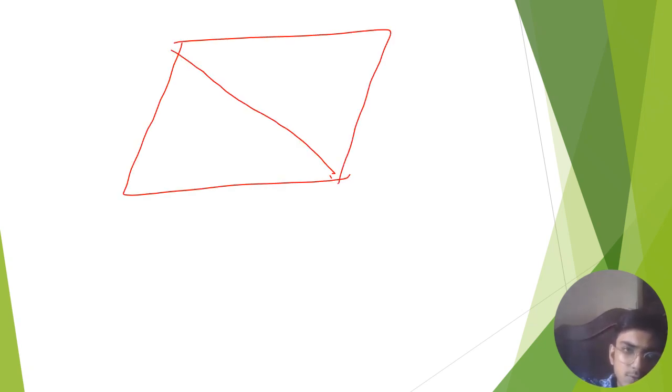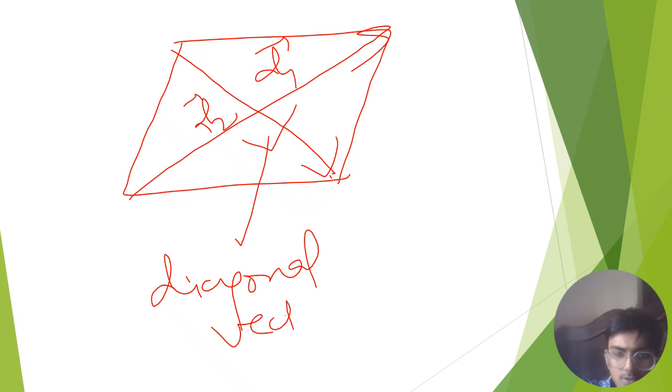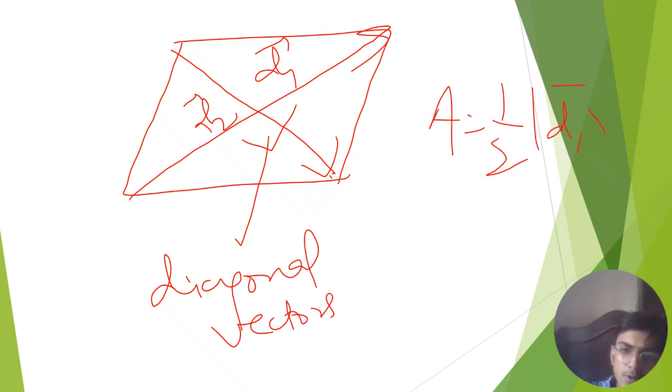But suppose this is a parallelogram and these two vectors given are the diagonal vectors d1 and d2. For diagonal vectors, area will be half of mod of d1 cross d2. There it was half of mod a cross b, that is for triangles. For parallelogram, it was base into height, so we can relate it as mod a cross b.